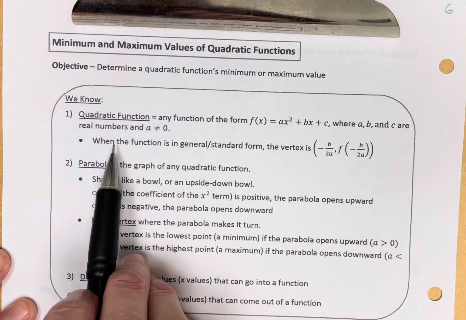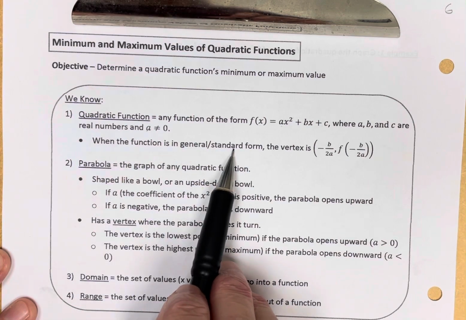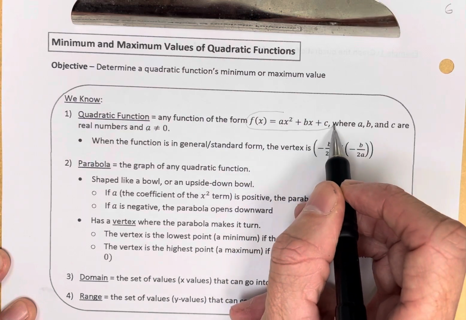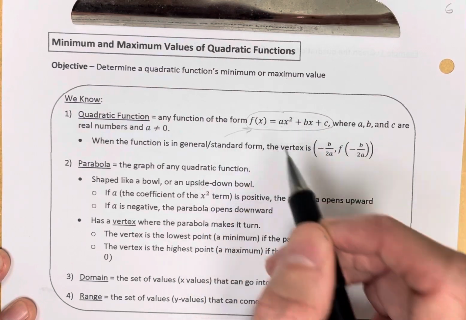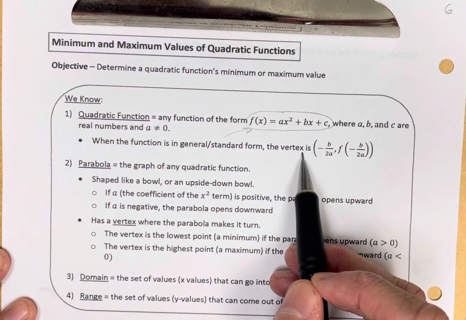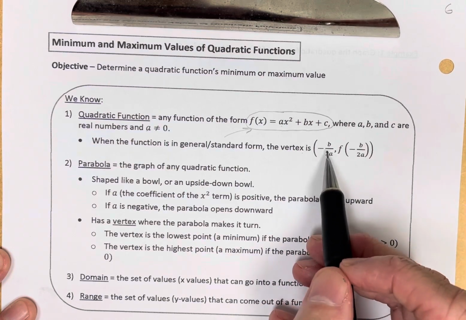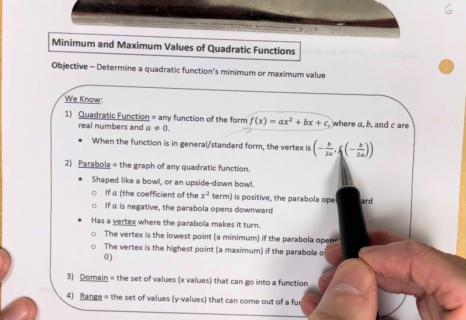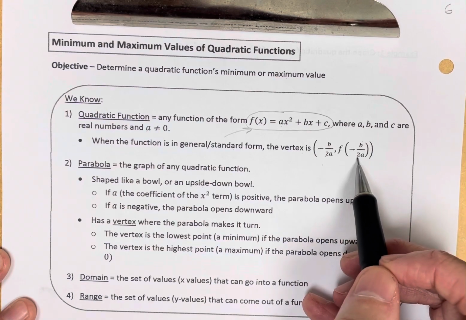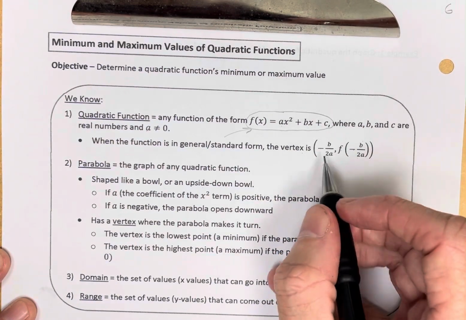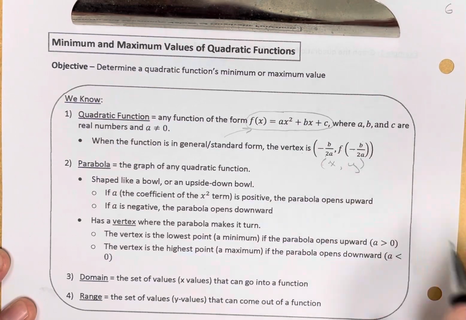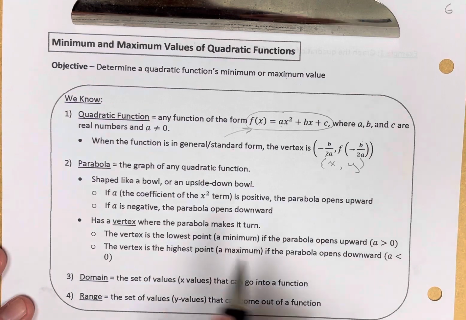And we know that when the function is in general or standard form, the vertex is located at negative b over 2a for the x-coordinate, and the function's value at negative b over 2a for the y-coordinate. So this is the x-coordinate of the vertex, and this is the y-coordinate of the vertex.